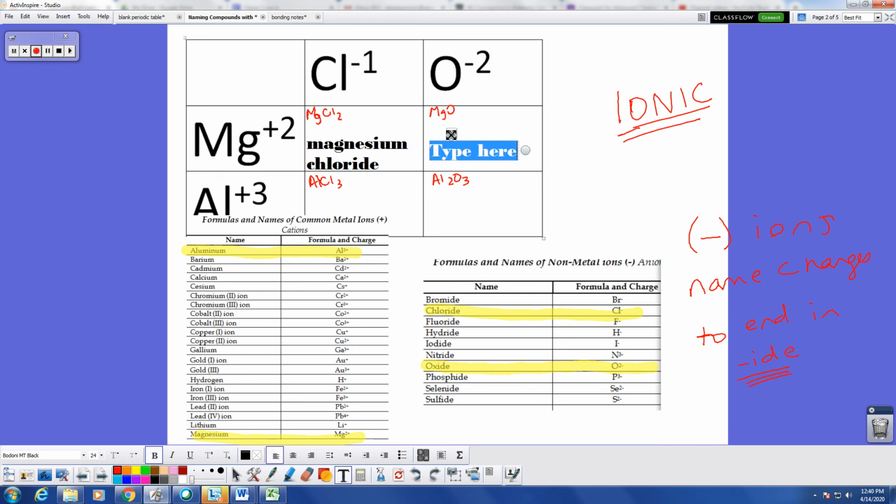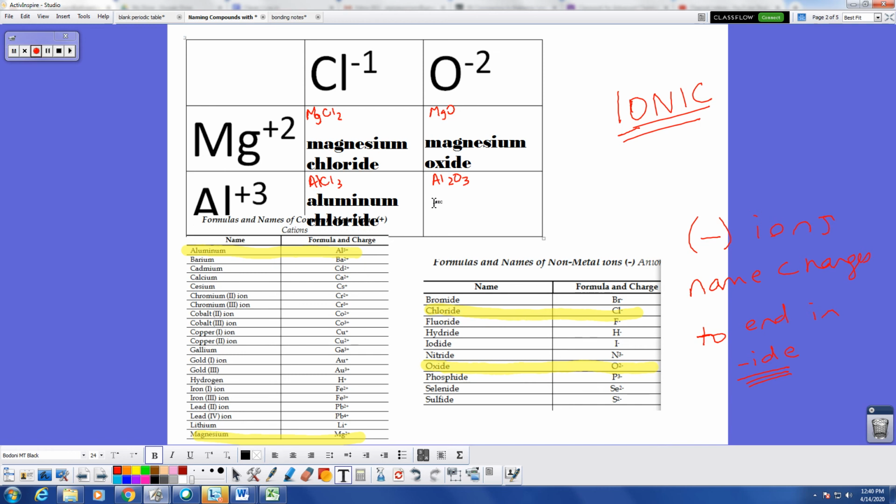This one would be magnesium oxide, which has an X in it. This one would be aluminum chloride.